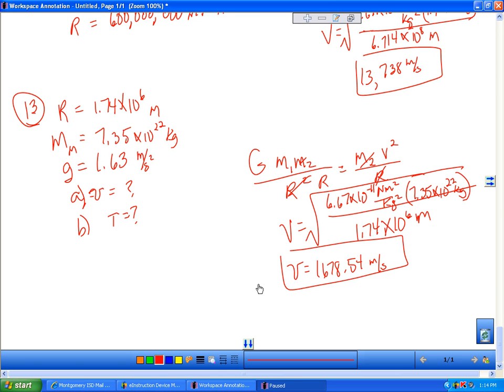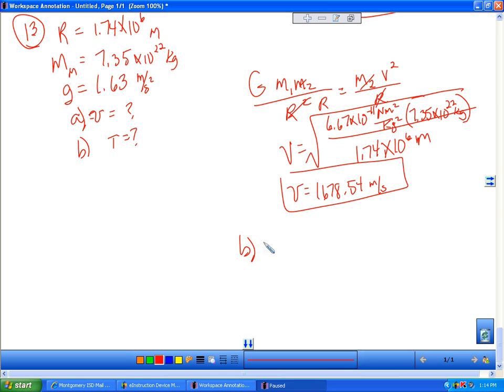And then now they want the period. So v is equal to 2 pi r over t, or t is equal to 2 pi r over v. And I know that I have 2 pi, and my r is going to be 1.74 times 10 to the 6th meters.